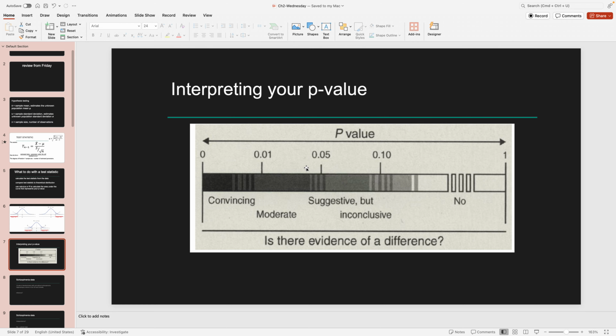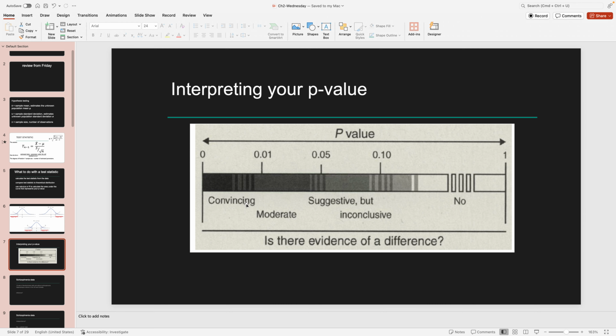Now 0.05, that gets us to the more convincing area. So kind of a moderate level of evidence, or how convinced you might be. But the key point here is the smaller this is, the more convinced you are.